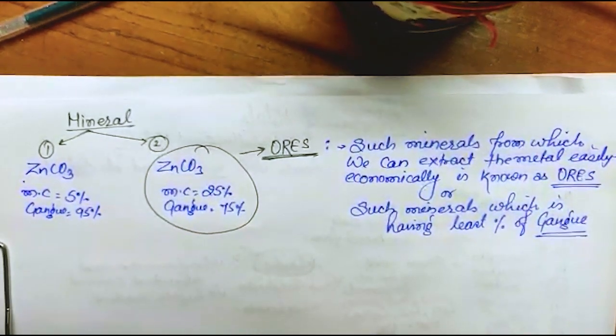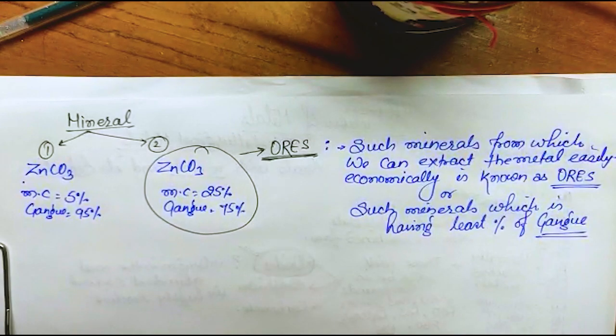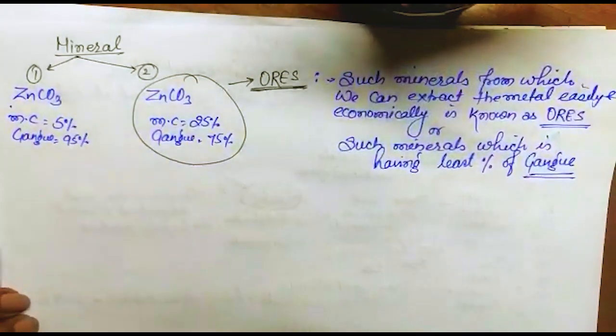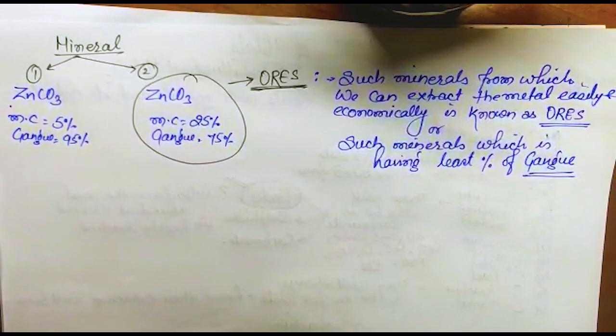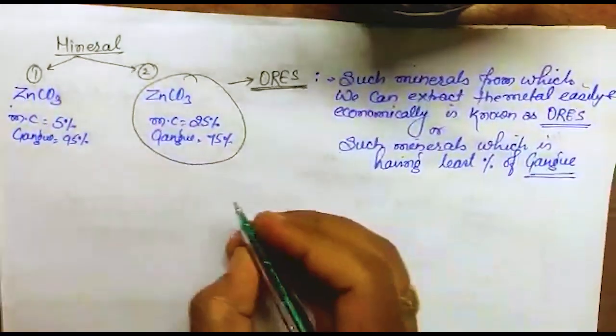Any problem in this? I think it is clear. Okay, so now we'll step into the extraction process, and all that extraction process is also called the metallurgical process. So now we are going to start the next topic, that is metallurgy.